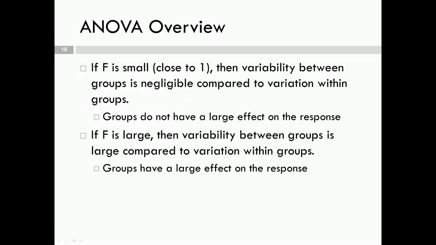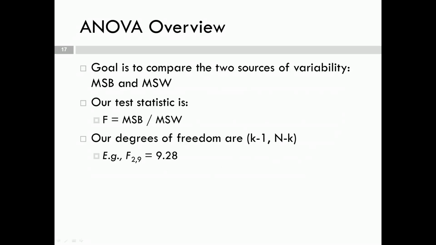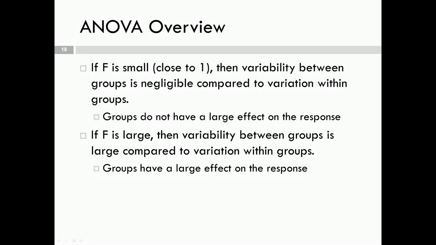What that tells us is that there really isn't a big difference between groups in terms of their response. But if F is very large, so our between group variation is much larger than our within group variation, then we can conclude that there is a big effect of group on our response. Groups differ in terms of their response.